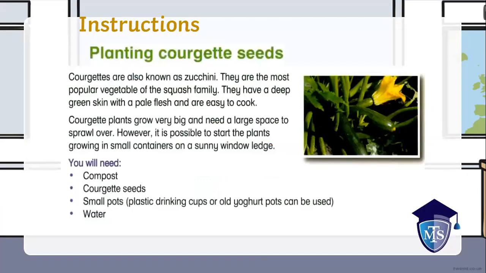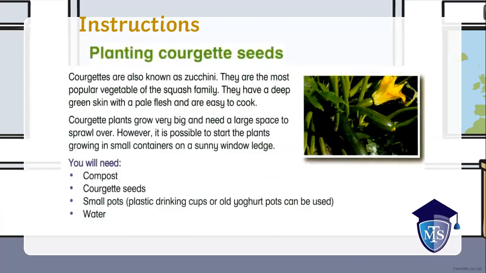Here we have in the books a text which is headed "Planting courgette seeds". So this is the heading. Courgettes are also known as zucchini. They are a popular vegetable of the squash family. They have a deep green skin with a pale flesh and are easy to cook.